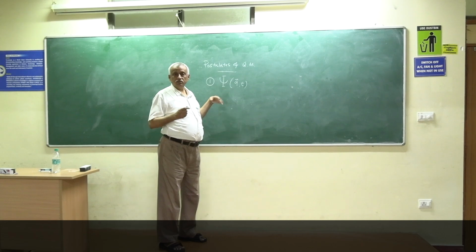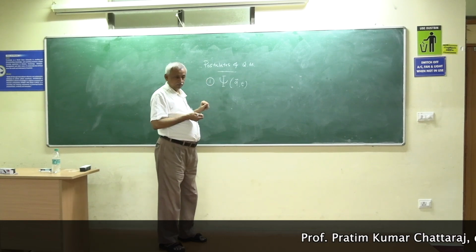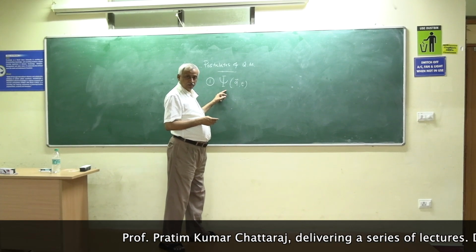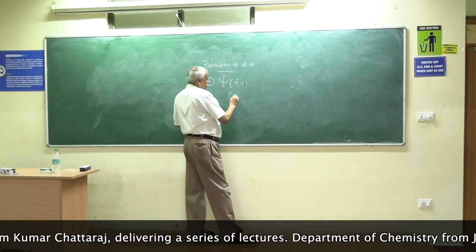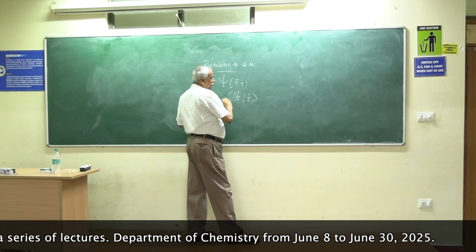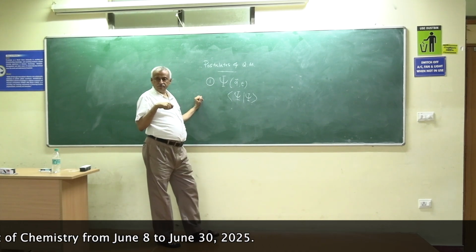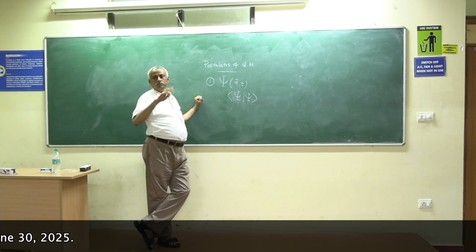But the wave function is not the physical property I am talking about. It's an arbitrary function. And this function has one property, that if I calculate this quantity, this will give me the probability of getting the system at time t within q and q plus dq, that volume. How much is the probability?